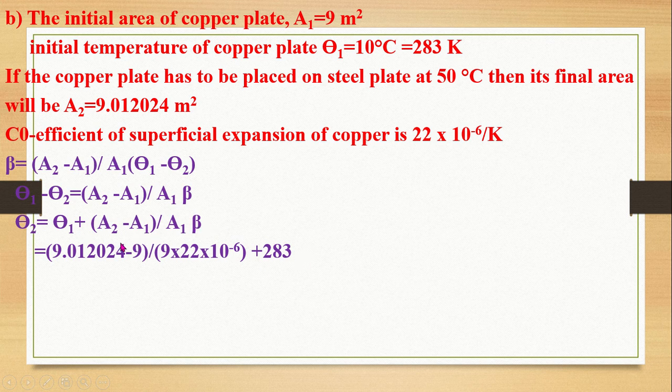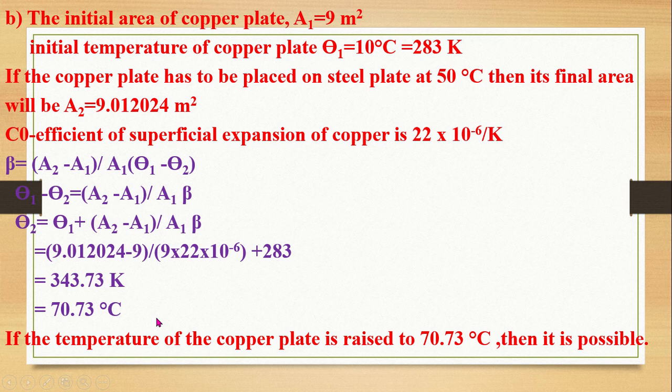If we put the values of A2, A1, beta, theta 1 in the equation, then we can get the value of theta 2, that is equal to 343.73 Kelvin, and in Celsius scale it is 70.73 degrees Celsius. So if you increase the temperature of the copper plate to 70.73 degrees Celsius, then it is possible. That means it is possible to place the copper plate on the steel plate equally.